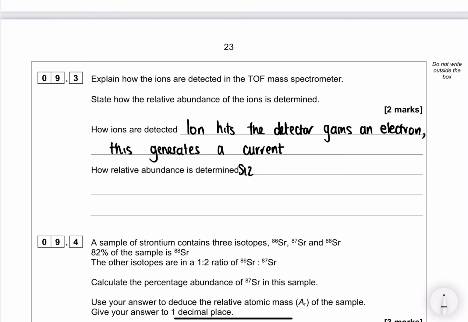The size of the current generated is proportional to the abundance.